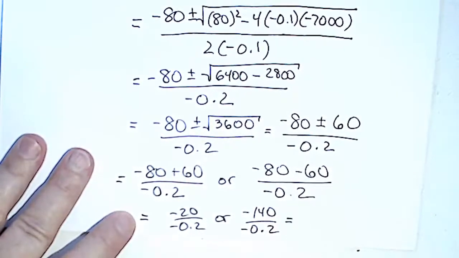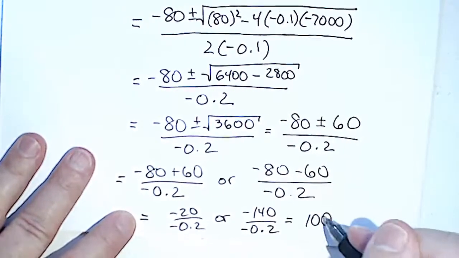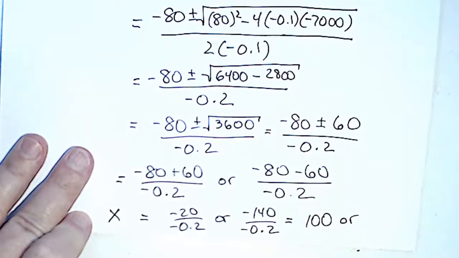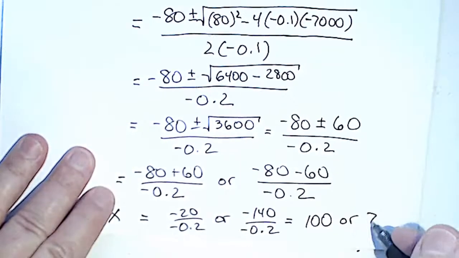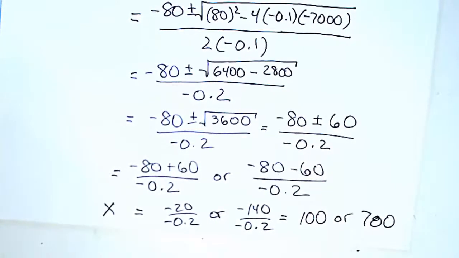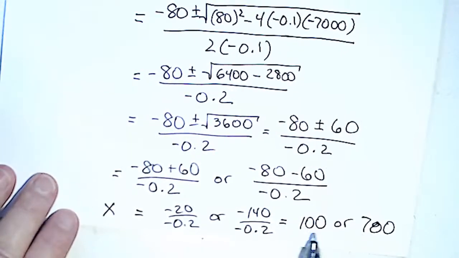So the two values I think I get are 100, or, and this is x equals 700. Wah! That came out funny. Okay, so my two values for x are 100 or 700.